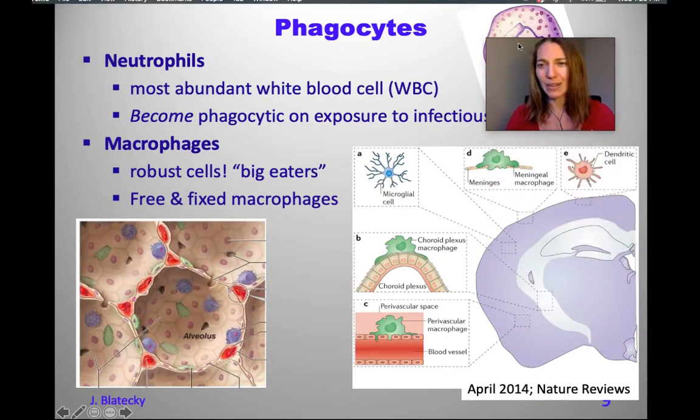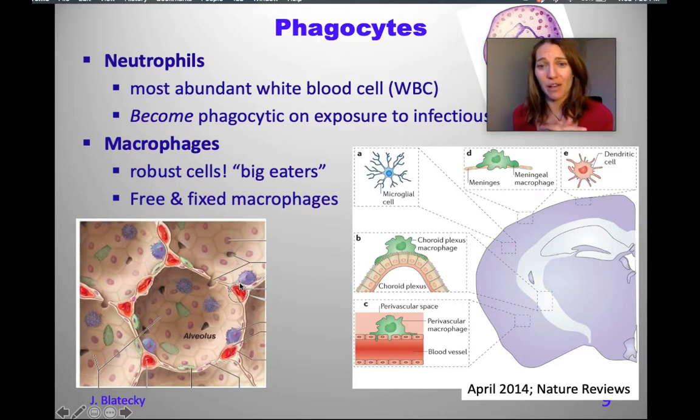And just to give you a little taste of what that may look like, not so long ago in the respiratory chapter, right, these kind of purplish blue cells. Those were representing macrophages that were down at the level of our alveoli. So those are going to be a nice example of fixed macrophages that aren't rotating or swimming in our blood, but rather are going to be omnipresent in those alveoli.